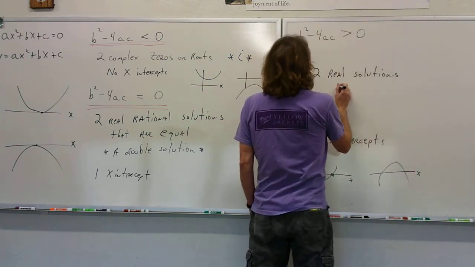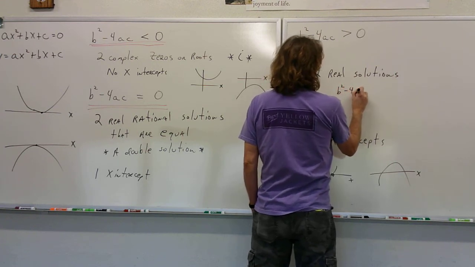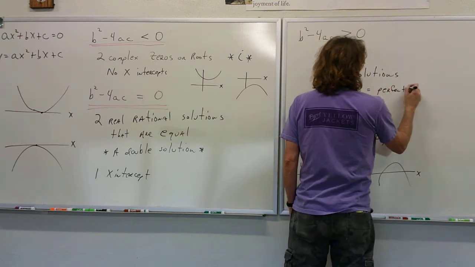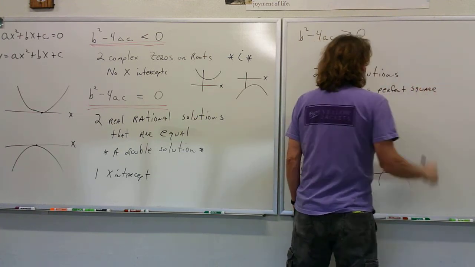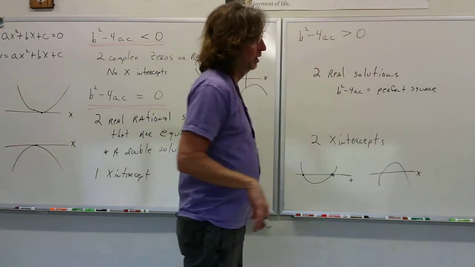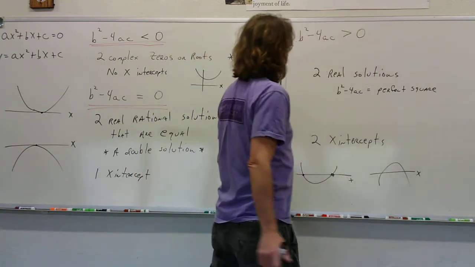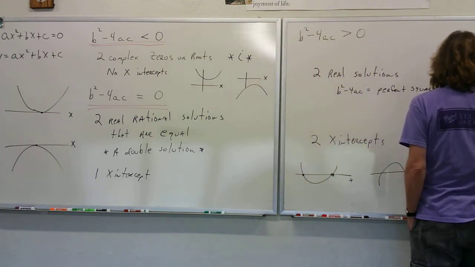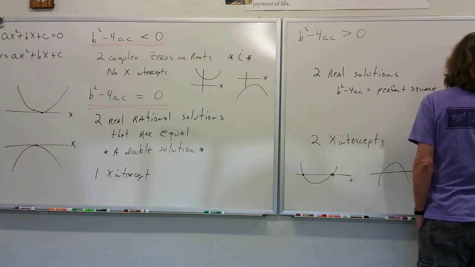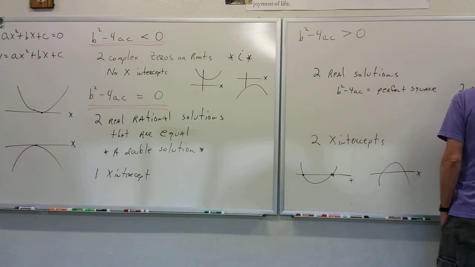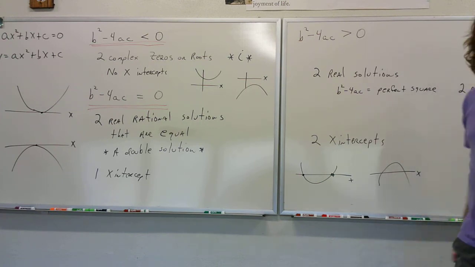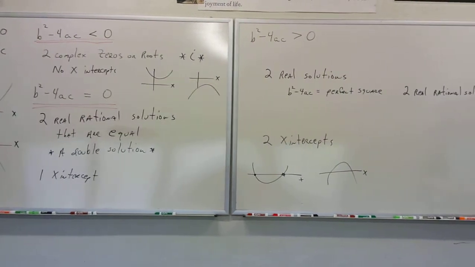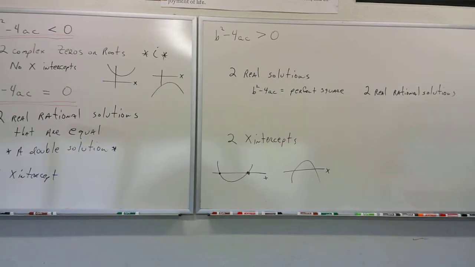If b squared minus 4ac equals a perfect square, that means 25, 16, 100, for those of y'all that are at home, you get 2 real rational solutions. Now I'm making sure that's showing up on the screen right there, 2 real rational solutions where I wrote it over there. So I'm walking back here to see if you can see that. You get 2 real rational solutions.